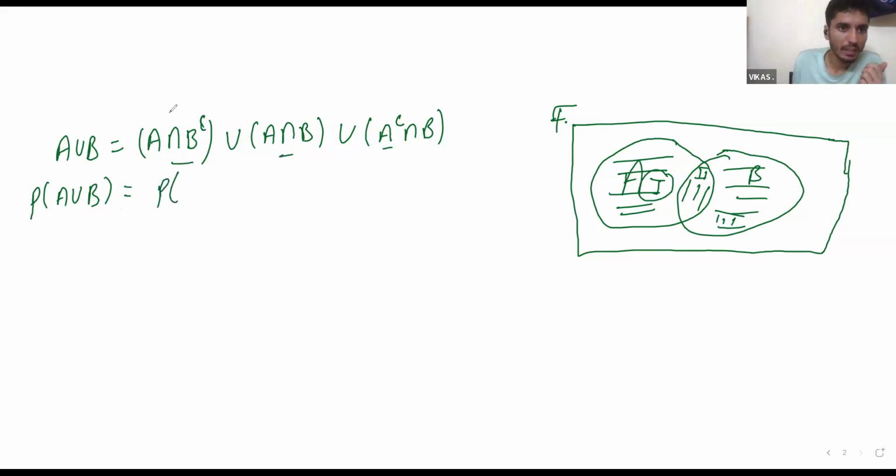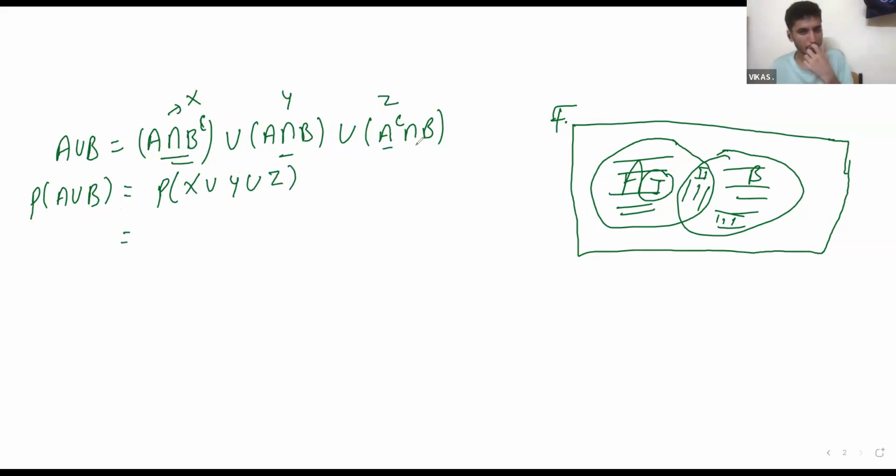For example, say this set is X, this set is Y, and this set is Z, so this is X union Y union Z. You can see clearly that all three are pairwise disjoint, whichever two sets you take.